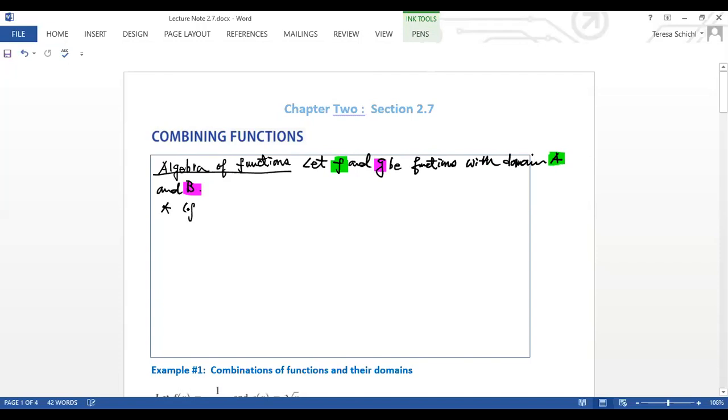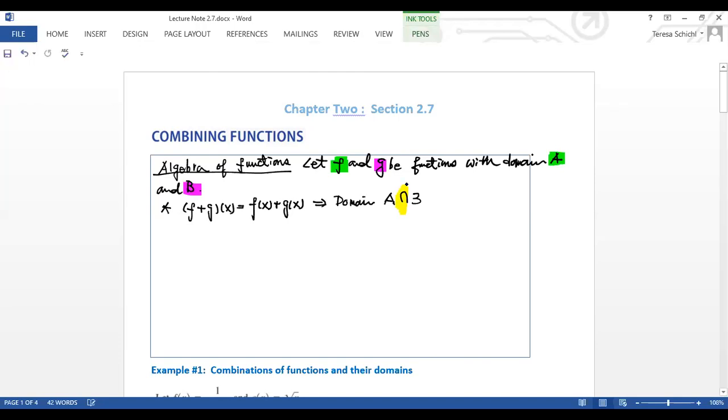If you say f plus g of x, basically it's the same thing as writing f(x) plus g(x). The resulting function's domain has to be the same as A intersect B. I don't know if you still remember this notation.